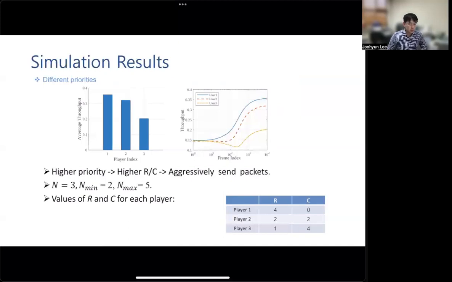So depending on those different priorities, we can assign a higher reward per collision, so that this user with higher priority can aggressively send packets, and we can show that the higher priority user shows higher average throughput.